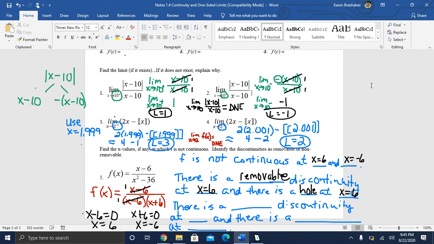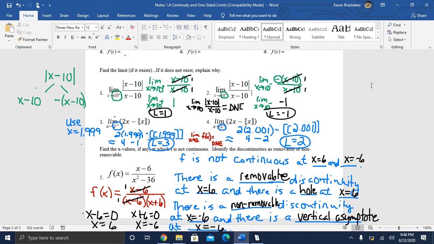And then the other one is a non-removable discontinuity, and that occurs at the other factor solved for 0, so x equals negative 6. And for that graph, there would be a vertical asymptote, and that would occur at x equals negative 6.